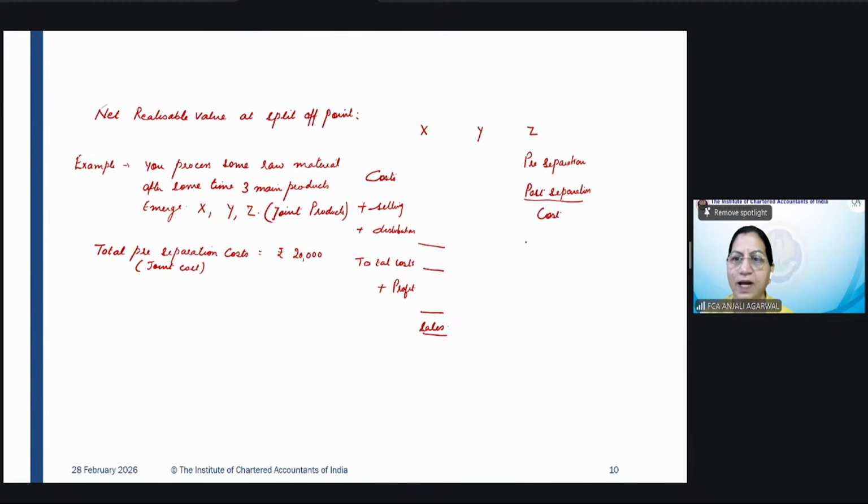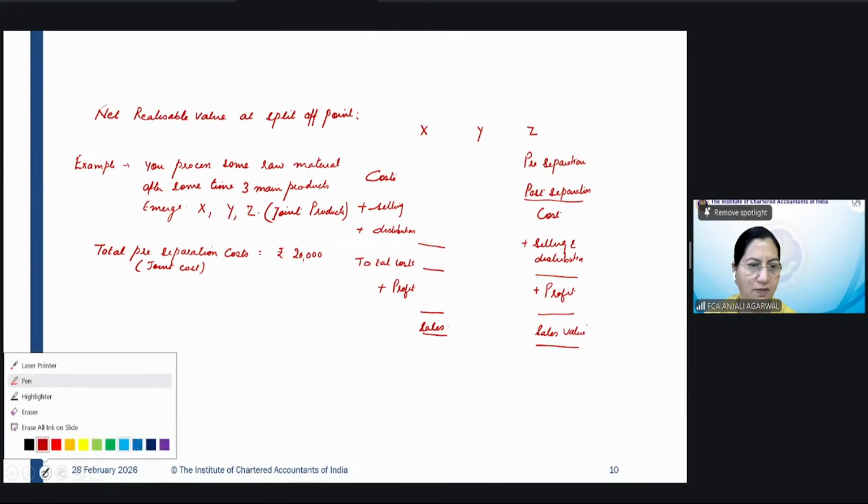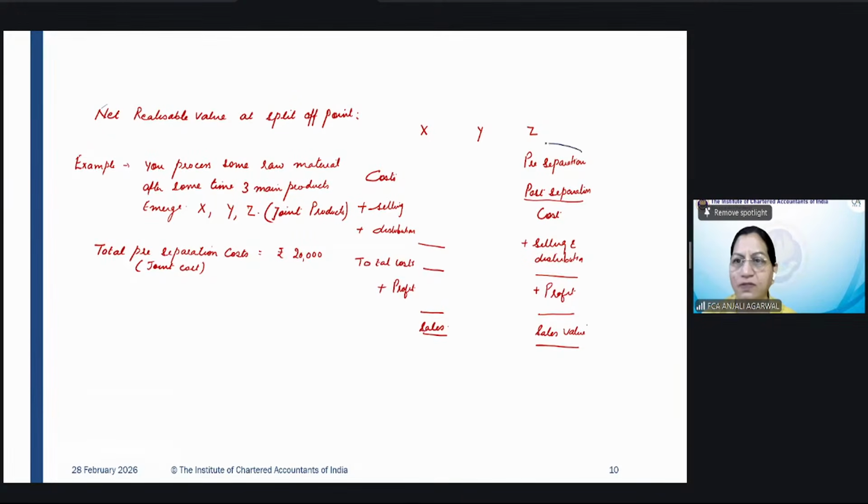On this, maybe you will add some selling and distribution expenses. Then comes your total cost, plus you will add some profits, and then you will have your sales value. So here our job is to find this figure. We start working backwards.